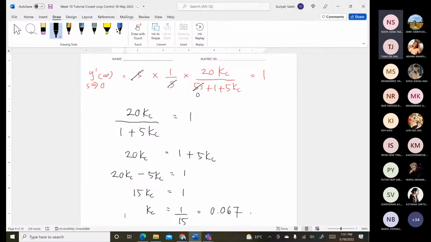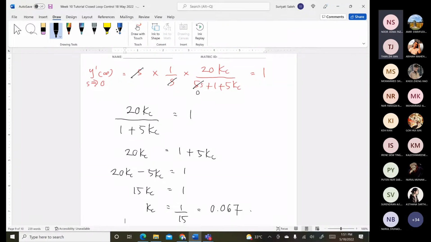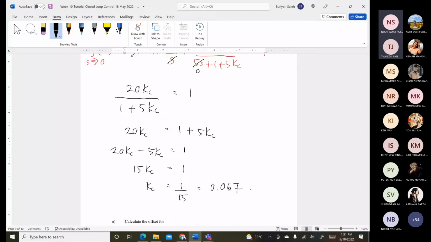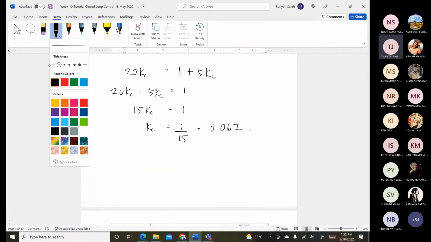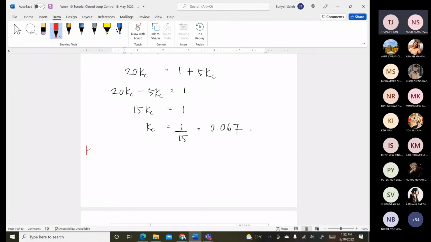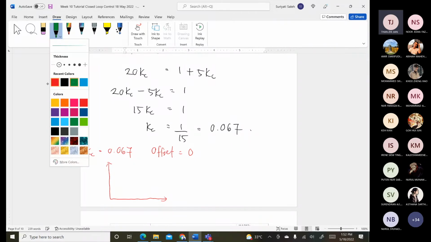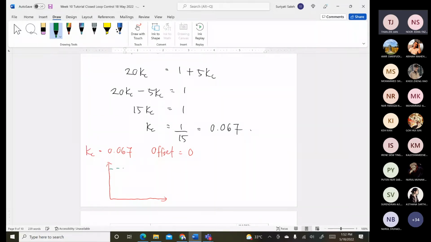So this indicates that when I use Kc equal to 0.067, you will get offset equal to 0. So when we try to do the sketching, this is your dash line, which is equal to 1.